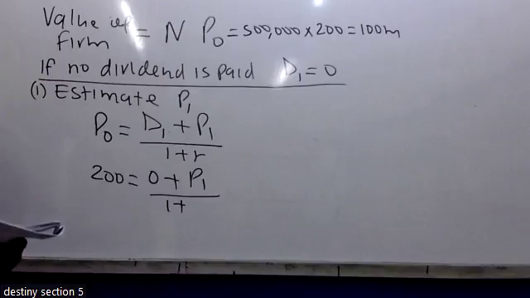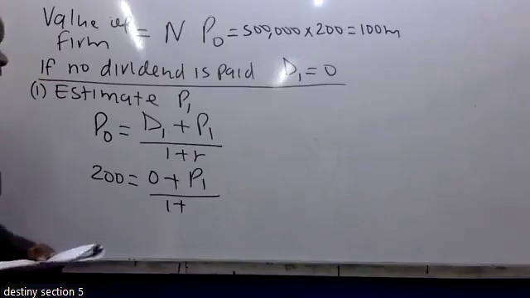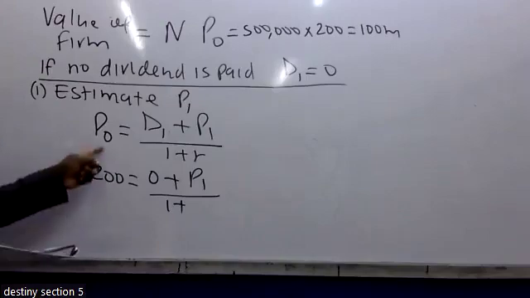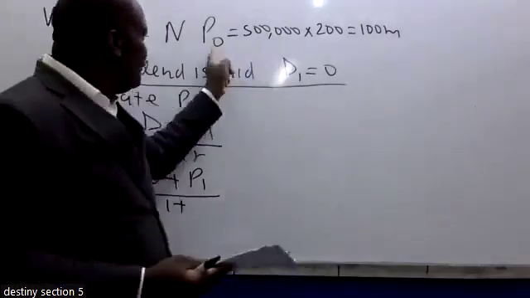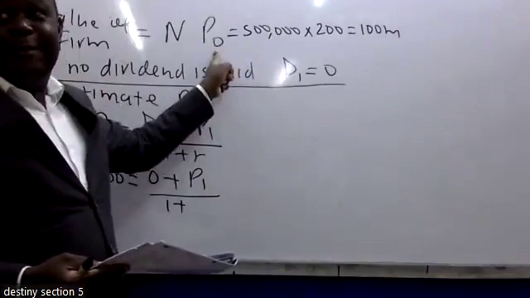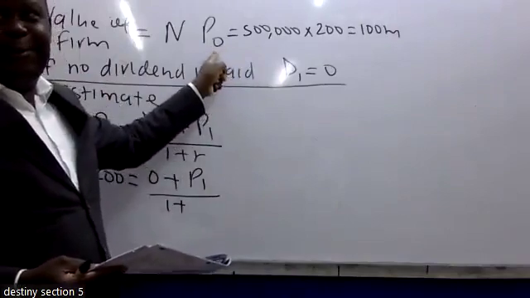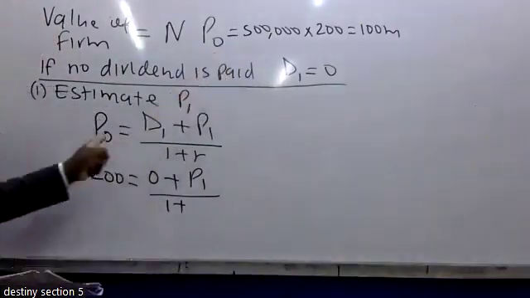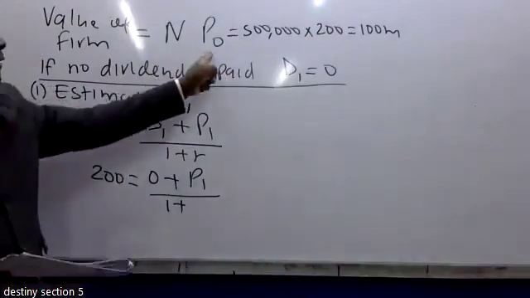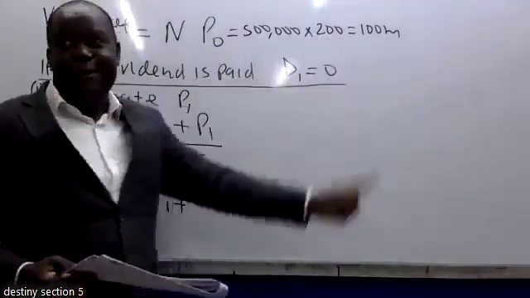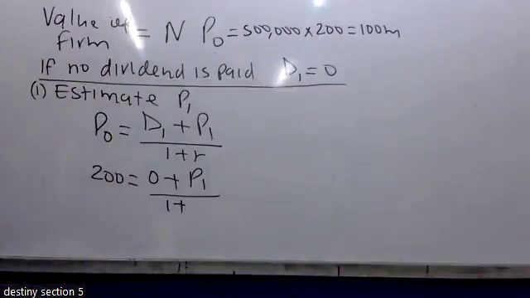So from the question, what are you given as the cost of equity? We are dealing with PO, which is the 200 here. So what is R in the question?